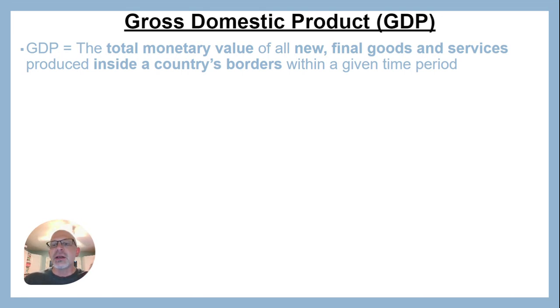I shouldn't say selling: all new final goods and services that are produced within a country's borders, because we count goods that are newly produced, and services newly produced but may not have been sold yet. So produced within a country's borders within a given time period, usually comes out every 3 months, or what we call a quarter of a year.